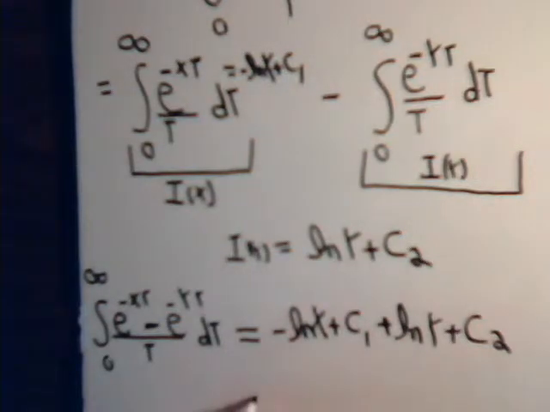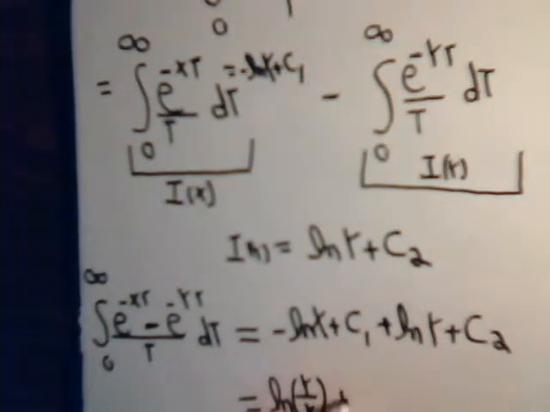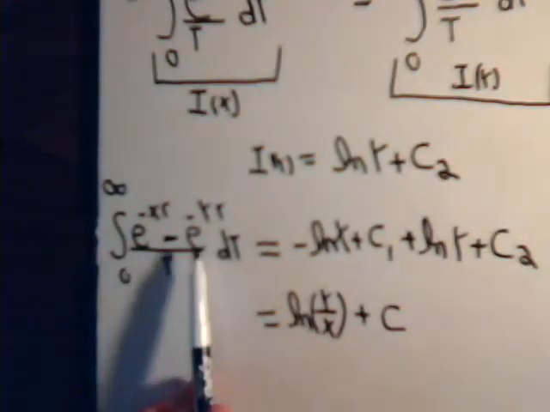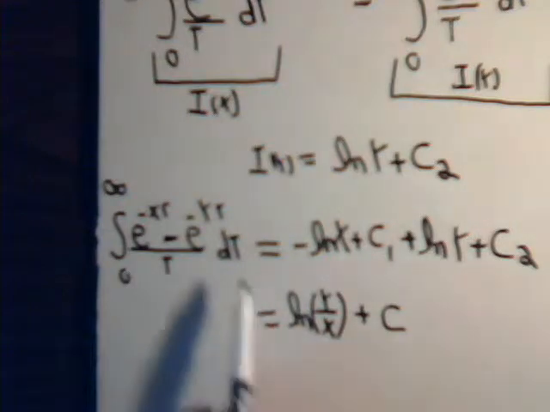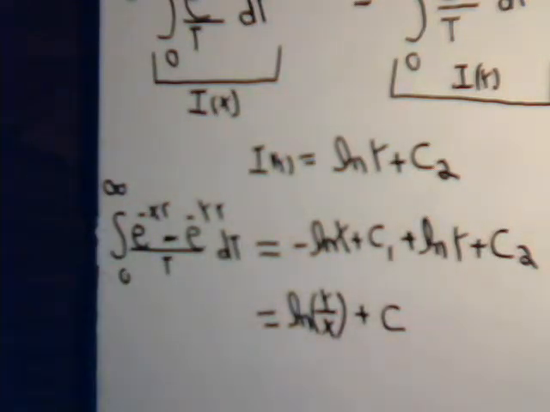Or we can write it like this. Combine these together, that's the natural log of y over x. And we can lump these two arbitrary constants together, just call it c. And that then is the answer for this integral.